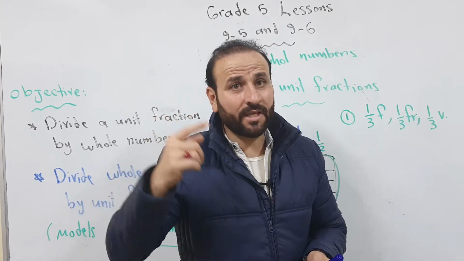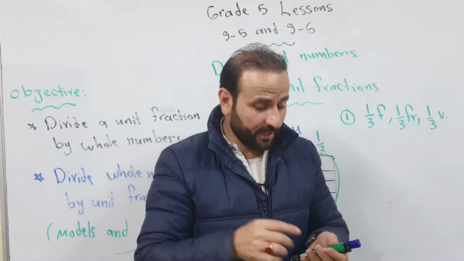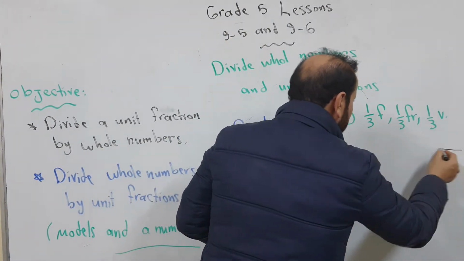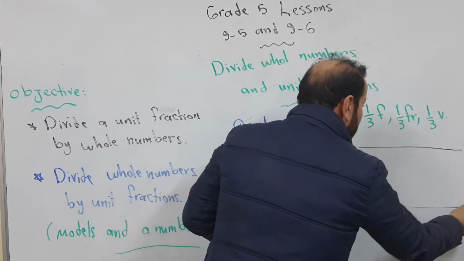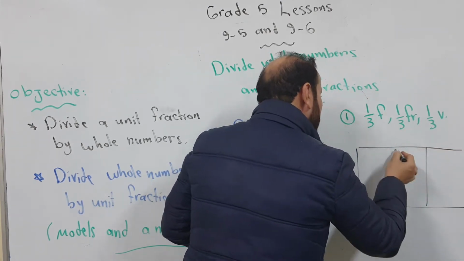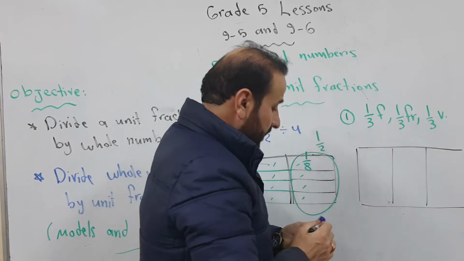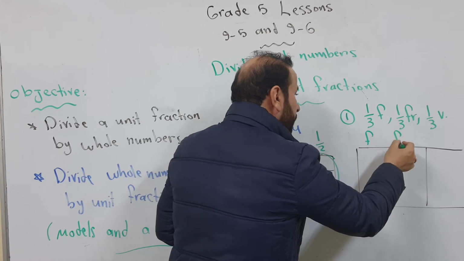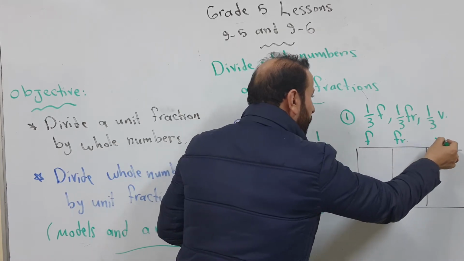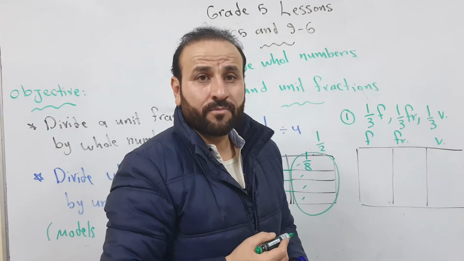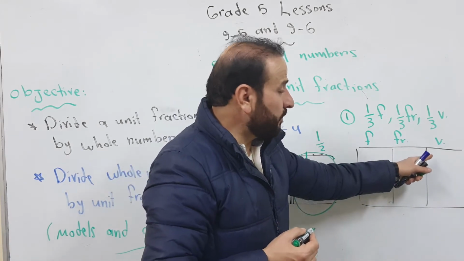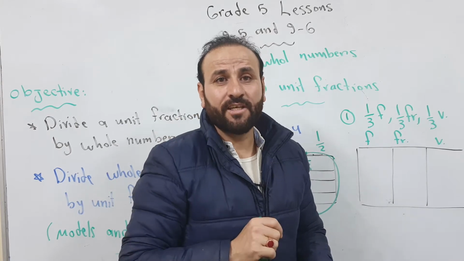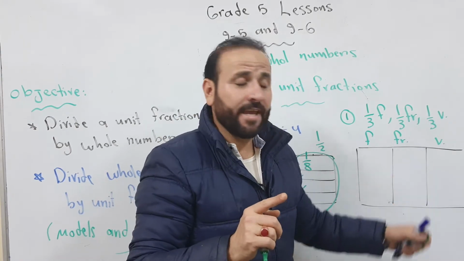Now I start to think. Let me draw the garden. This is the garden. It has 3/3. This third is for flowers, this for fruit, and this for vegetables. The vegetable part is divided into 4 equal sections, each section the same.